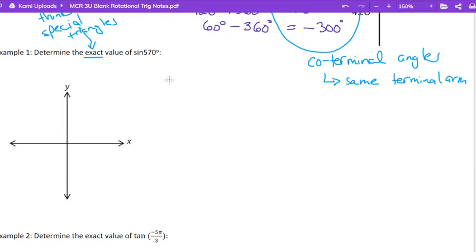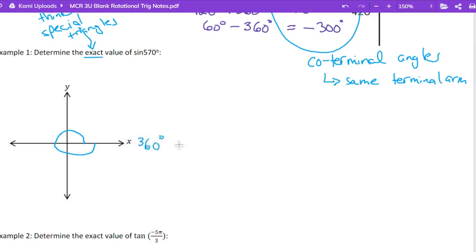Now, before I figure out what this is, I'm starting on that positive x-axis. Let's draw this angle. So I know I'm doing at least one rotation, right? And so as we're drawing this angle, you sort of make a spiral. So if I do one rotation, how much is that?